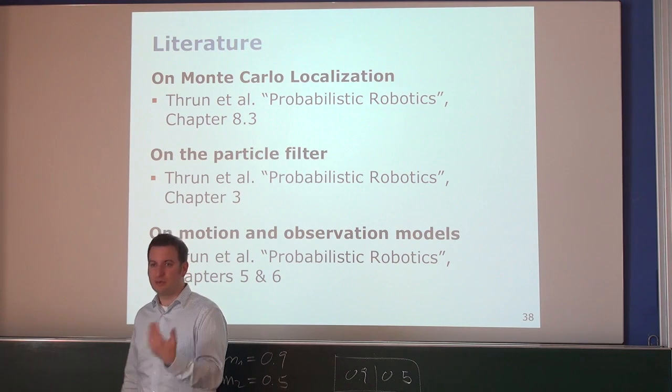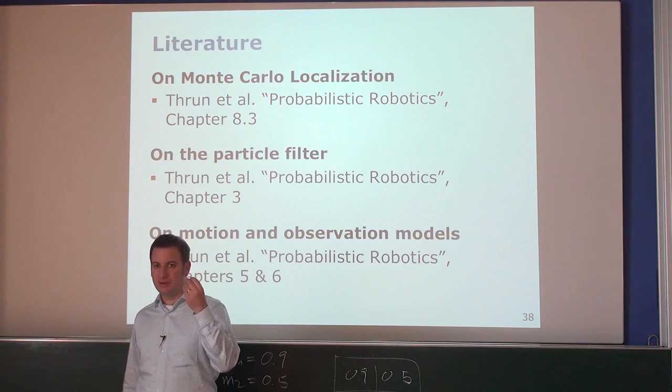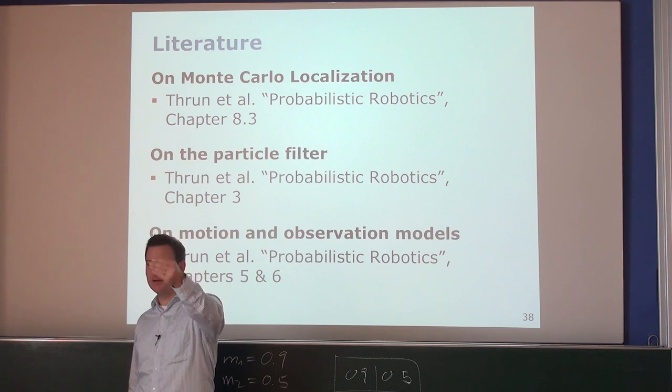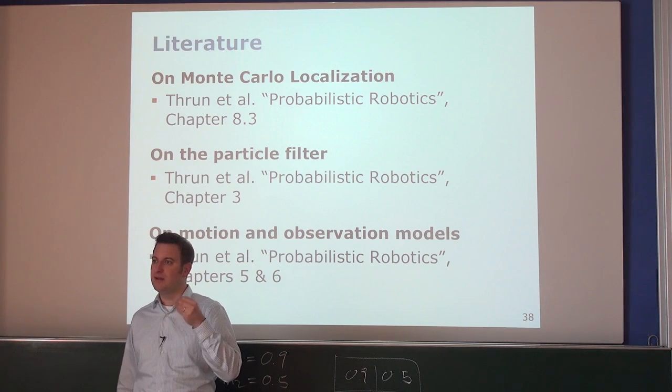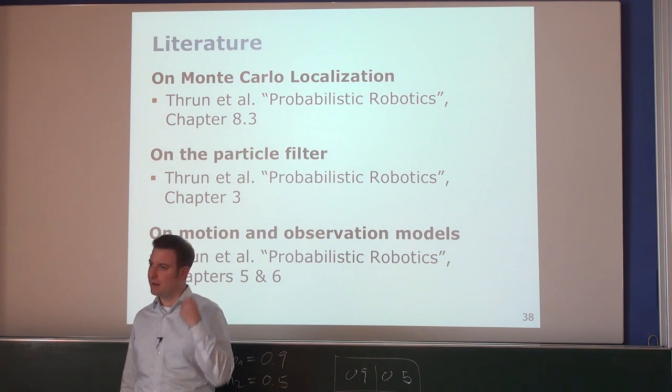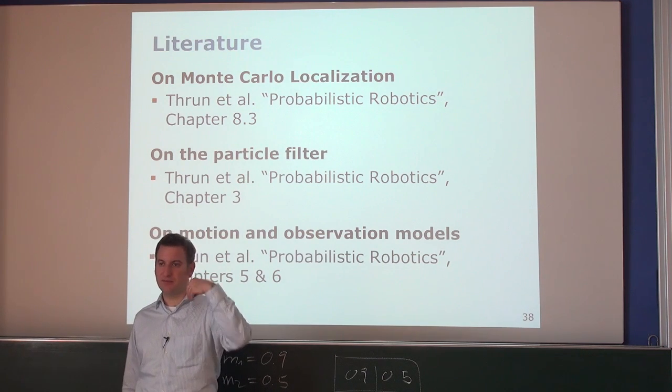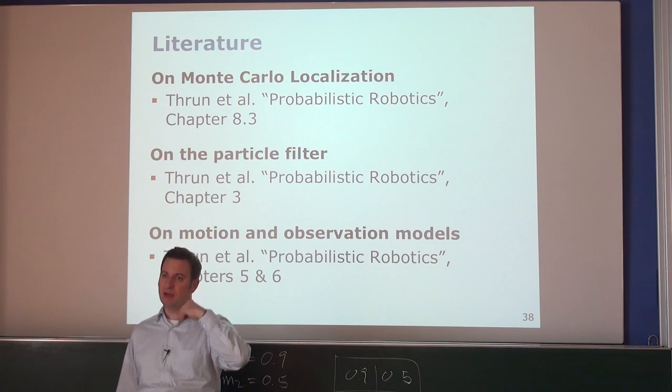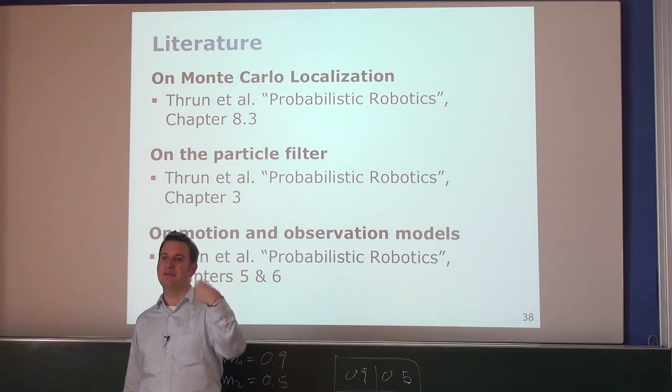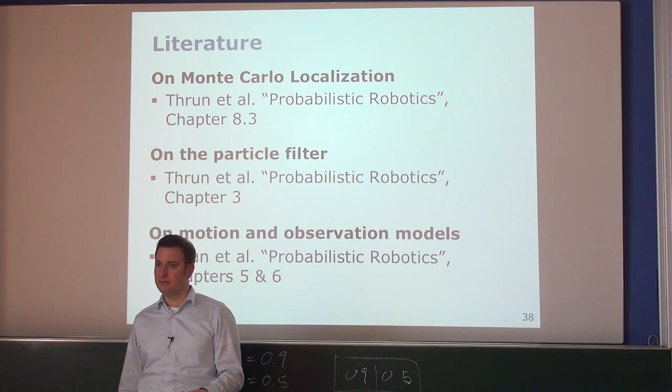Then I have to do a correction step, which takes into account the difference between my target distribution and my proposal distribution. And this gives a weight for every sample. And I use this to correct for the difference between what I want to approximate and what I approximated so far. And then the third step is a resampling step.